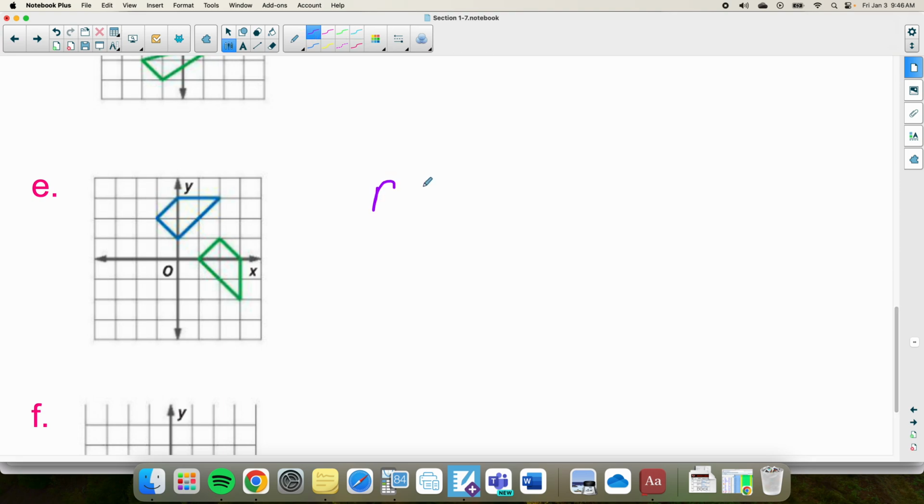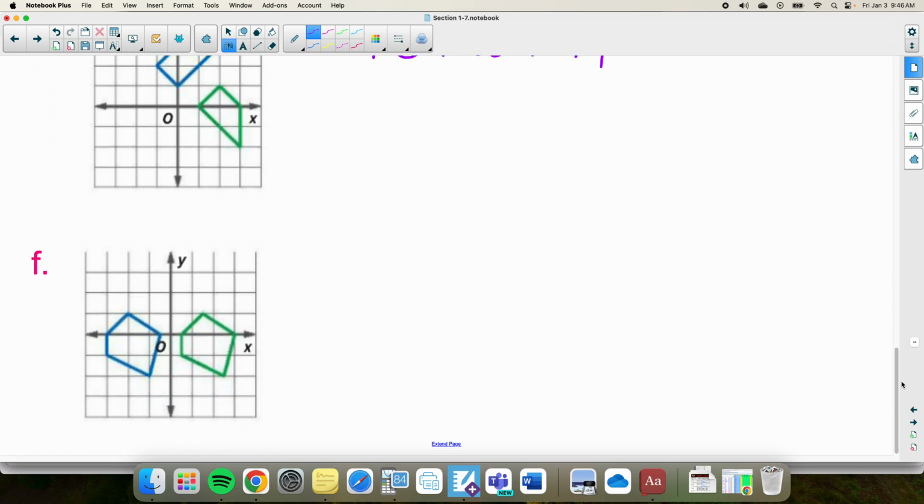It is turned. Reflection. Translation. Because you just moved it over. Yeah, actually that one is just slid. If it was a reflection, this should be turned, okay? So this one is a translation.